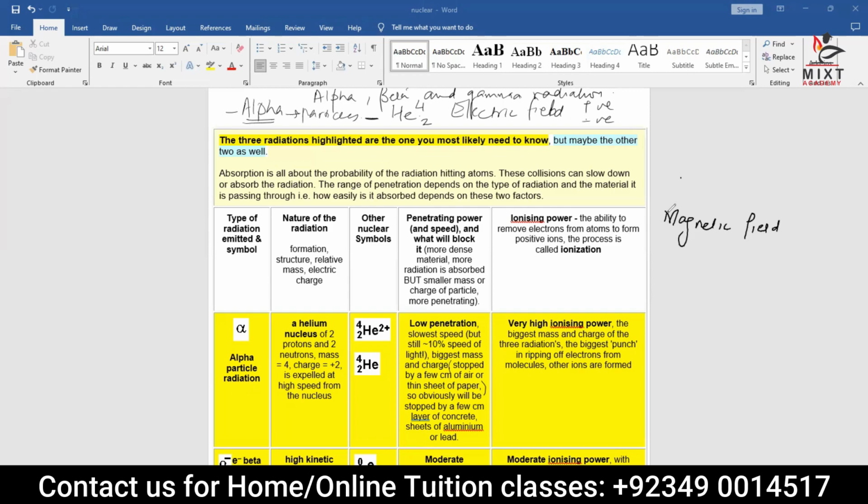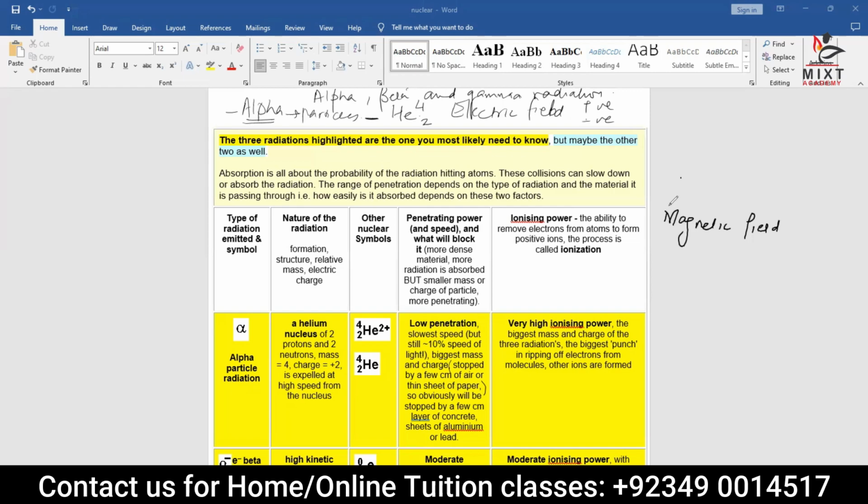So as they show deflection in electric field, they turn towards cathode. Same thing happened when they are in magnetic field, because they have a positive charge. So they show their deflection in the magnetic field. Okay. But remember that whatever their deflection will be, it's totally reverse of the beta.